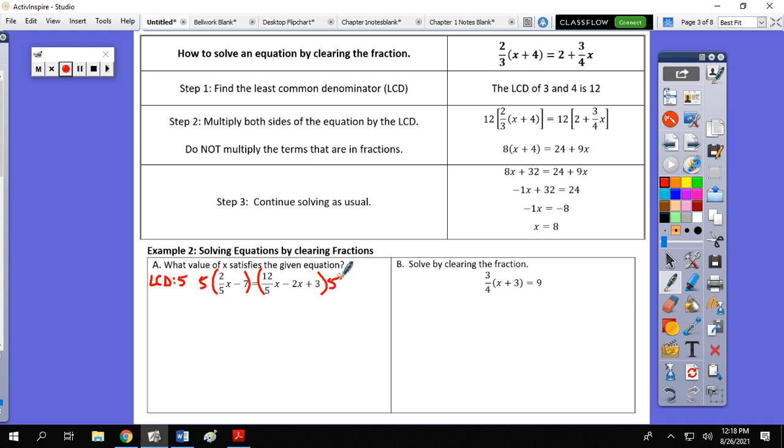So we are going to do 5 times 2/5 x minus 5 times 7 equals 5 times 12/5 x minus 5 times 2x plus 5 times 3.